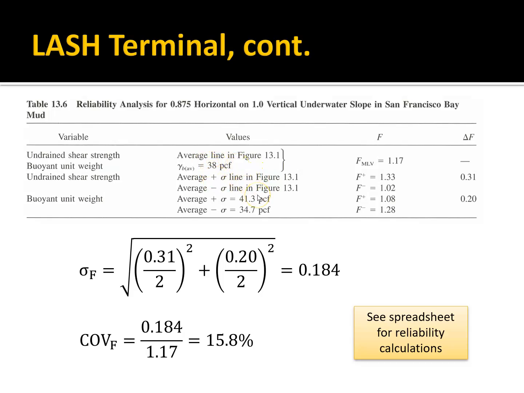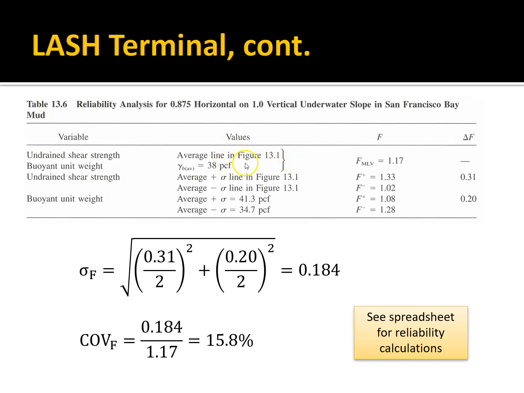And for the undrained strength, they did the plus or minus line from a graphical analysis. This is figure 13.1 in your textbook. The buoyant unit weight, they had an actual sigma. So the two parameters they had were undrained strength and buoyant unit weight.